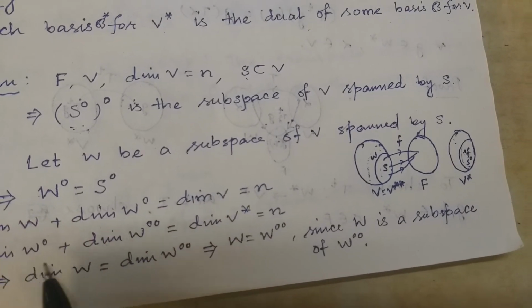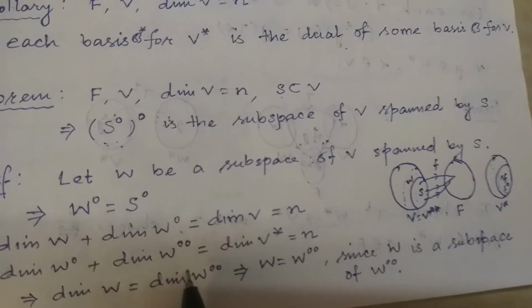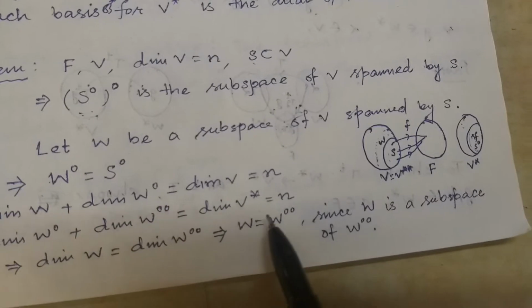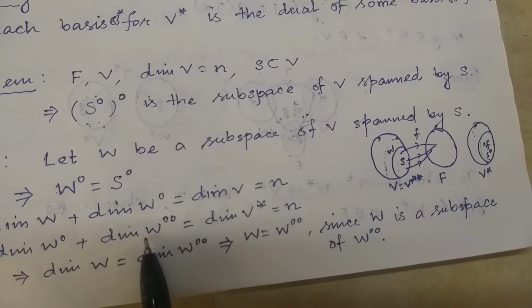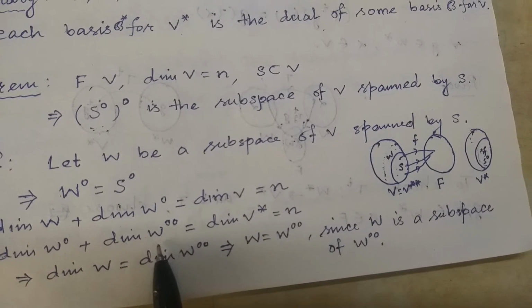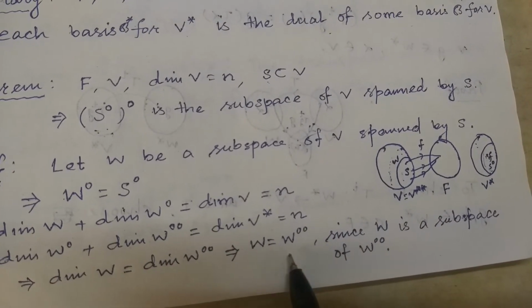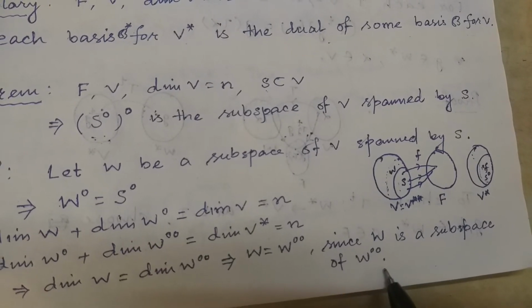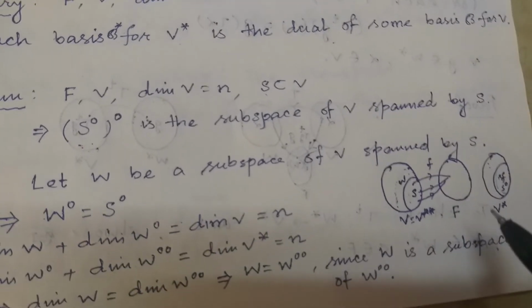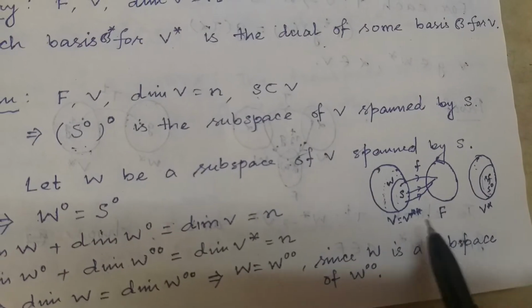Dimension of W naught plus dimension of W double naught equal to dimension of V star equal to n. So from here we get dimension of W equal to dimension of W double naught. That means W equal to W double naught, because W is a subspace of W double naught. Clear? So you have to understand this portion.